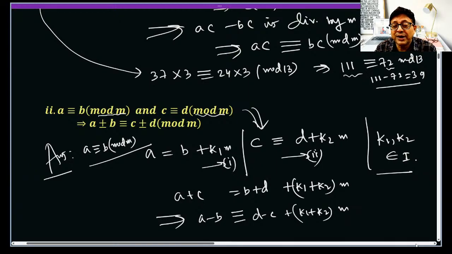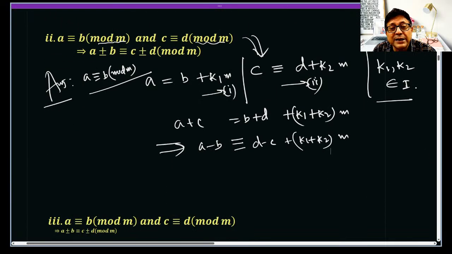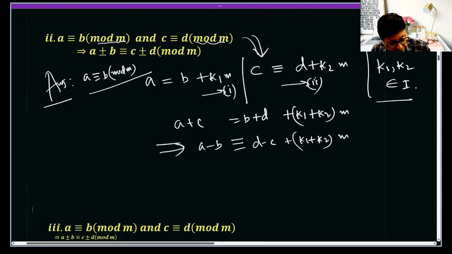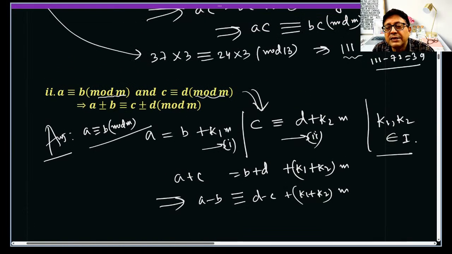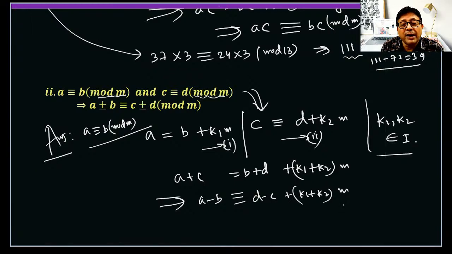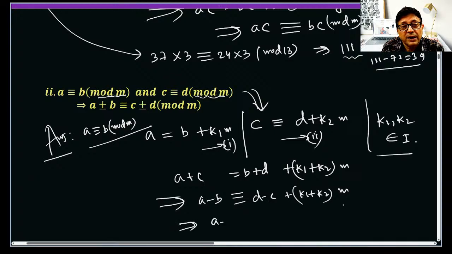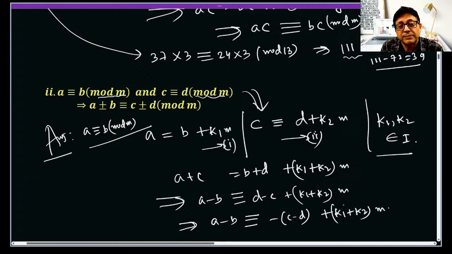So here what we have got, A minus B congruent with D minus C plus K1 plus K2 into M. So can't I say that A minus B congruent with minus of C minus D plus K1 plus K2 into M? Isn't it?